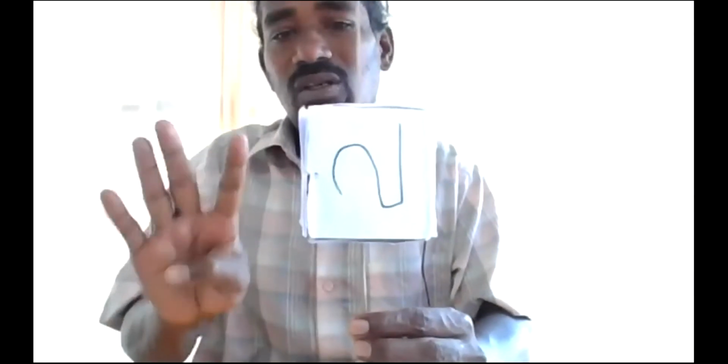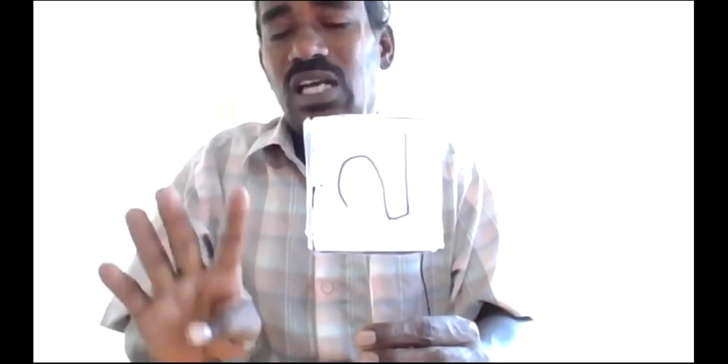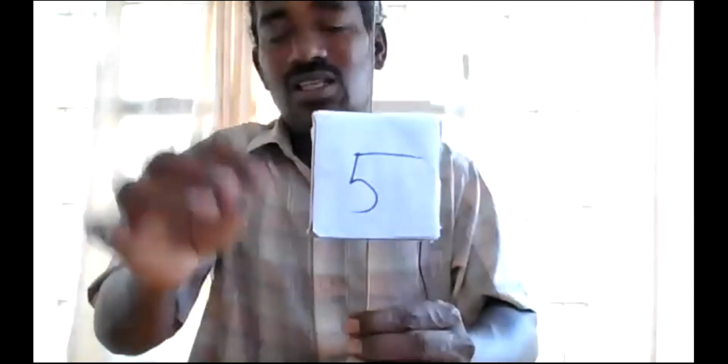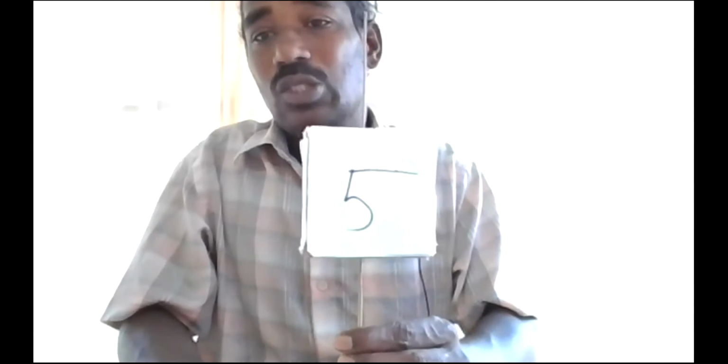The name of this axis is called four-fold axis of symmetry. Why is this axis called a four-fold axis of symmetry? On rotating this cube with respect to this axis through 360 degrees, 4 times we are getting similar images, that is called a face. So this axis is called a four-fold axis of symmetry.